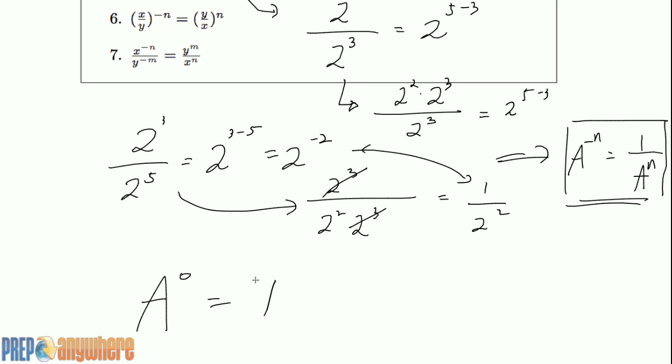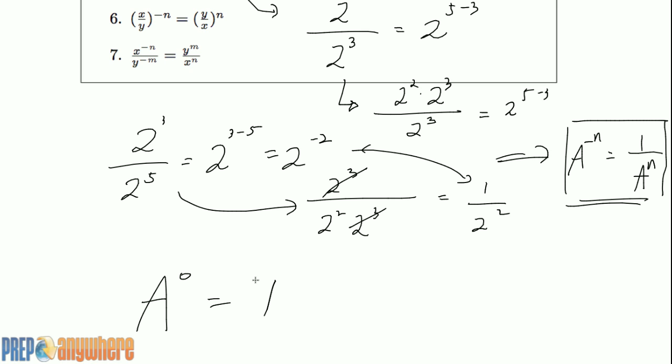Okay, so actually the main reason why, isn't it like if it's a to the 5 over a to the 5, then they're both the same number divided by each other, so it's 1. I don't know if you guys got that.